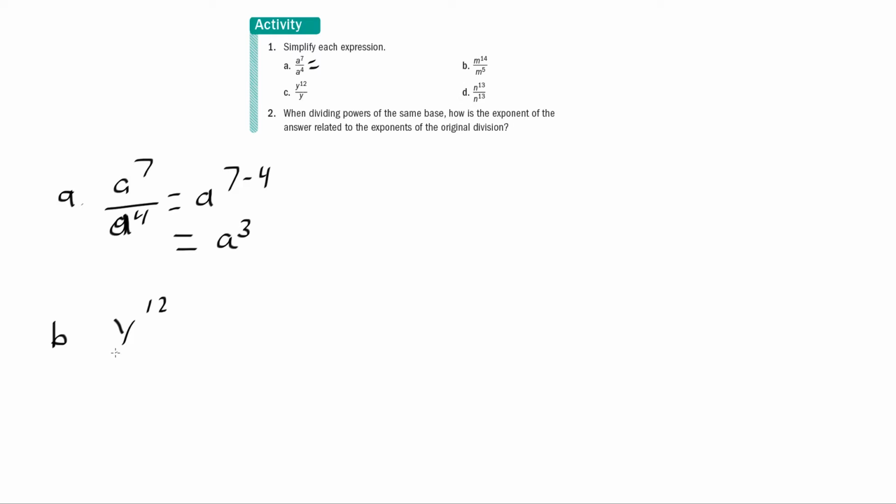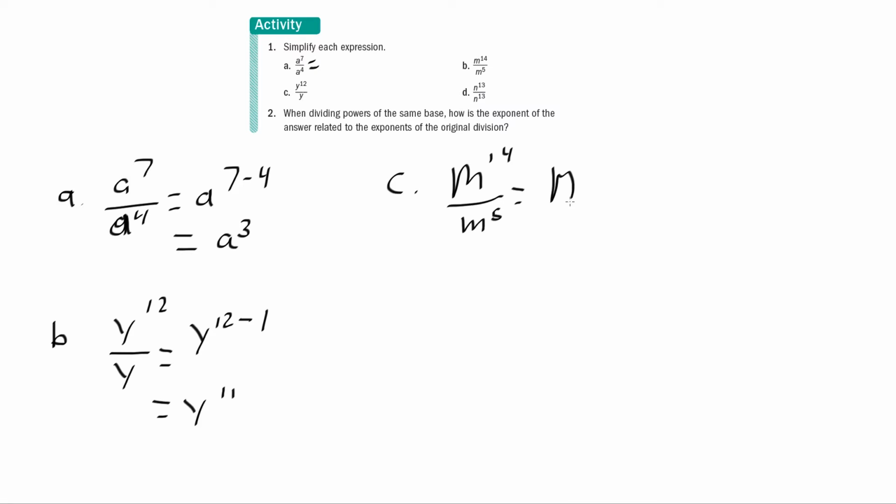This is equal to y to the 12 minus 1, because remember, that's an implied 1 power. So that's equal to y to the 11th. For c, m to the 14th divided by m to the 5th power is equal to m to the 14 minus 5, and that equals m to the 9th power.